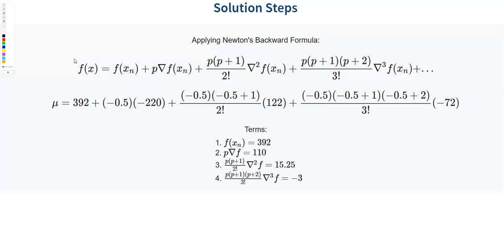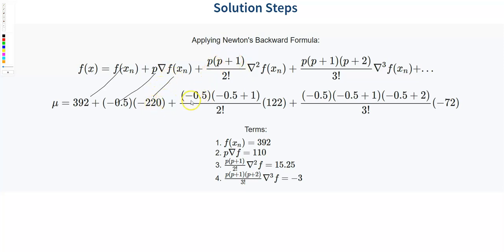f(x) is equal to f(xn) plus p nabla f(xn) plus p(p+1) by factorial 2 nabla square f(xn) plus p(p+1)(p+2) by factorial 3 nabla cube f(xn) plus so on. You can see that f(xn) is already 392, and p is minus 0.5, nabla f(xn) is minus 220.